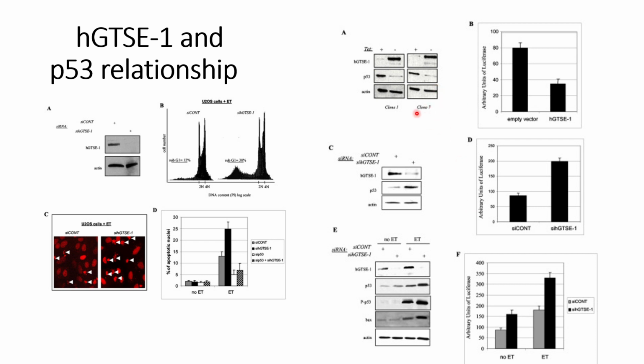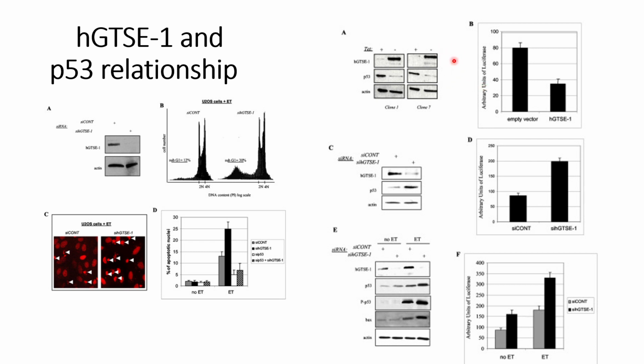Clone 7. And when they used a luciferase reporter to check p53 presence, they can see that in the empty vector, where there is no hGTSE-1 overexpression plasmid, the luciferase signals are high, and when hGTSE is overexpressed, they can see the reduction in the luciferase signal, which directly relates to the p53 levels within the cells.